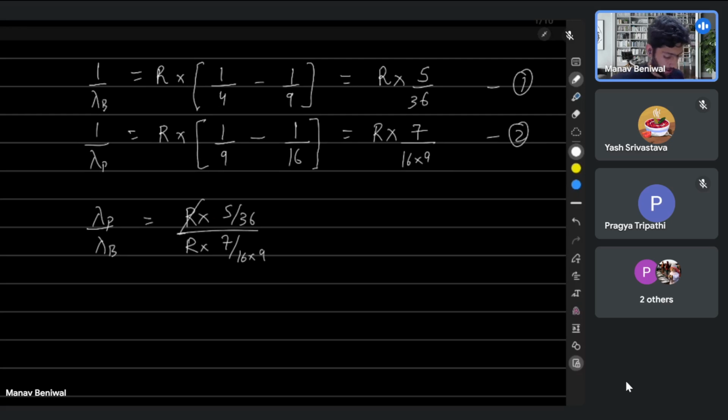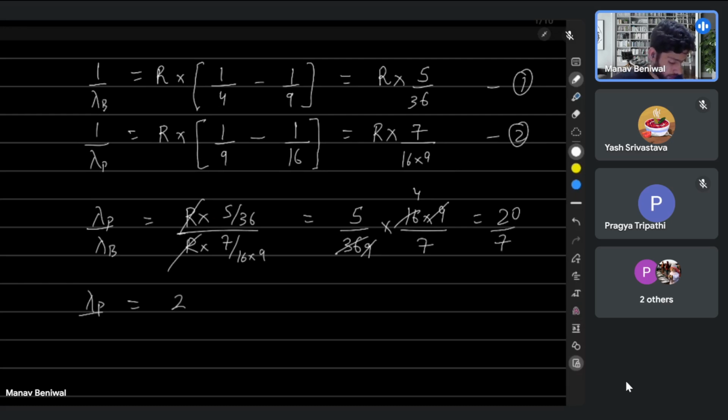So these R's will cancel out, and what you will be left with is 5 over 36 into 16 times 9 over 7. If you cancel out, this is 4, 9, and this 9. So this is 20 over 7. So your lambda p will be 20 over 7 lambda b.